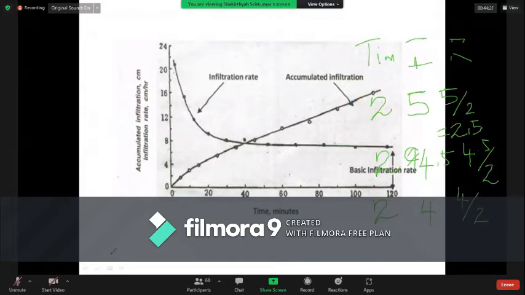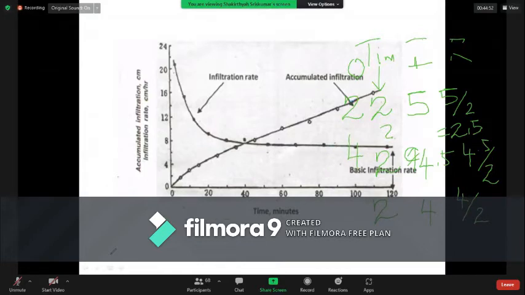Here we will mention the time interval. We start at 0. Then after 2 seconds, the infiltration is 5. The gap between these two is 2 seconds. So what is the total time? 2 plus 2, it's 4.